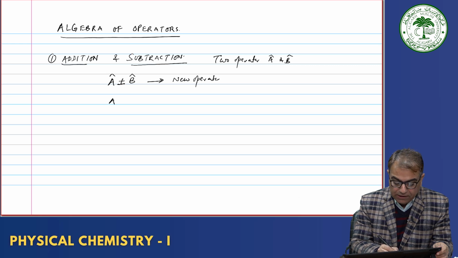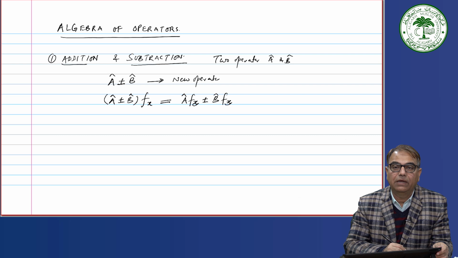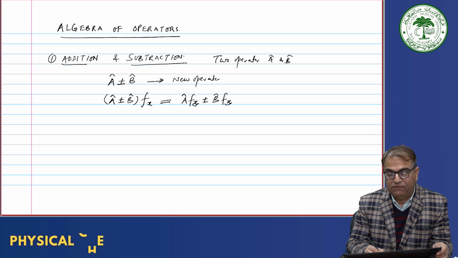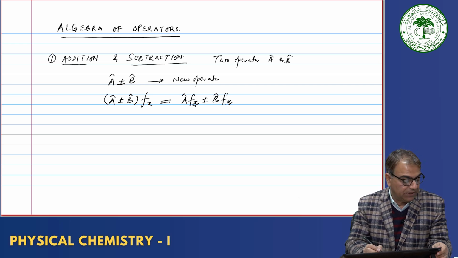And if you operate with this operator on a function f(x), then what do you get? The operation means operating with A on function f(x), and then operating with B on the function f(x), and then adding these together. This is called addition and subtraction of operators.